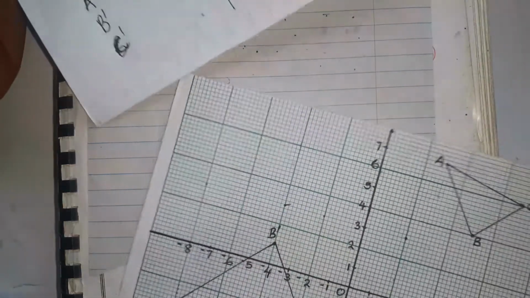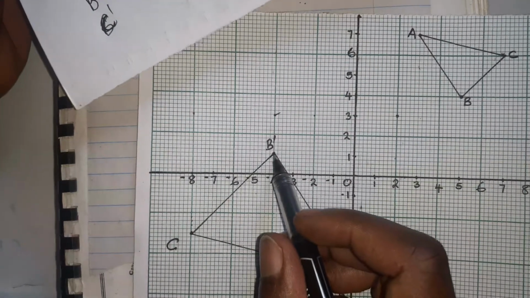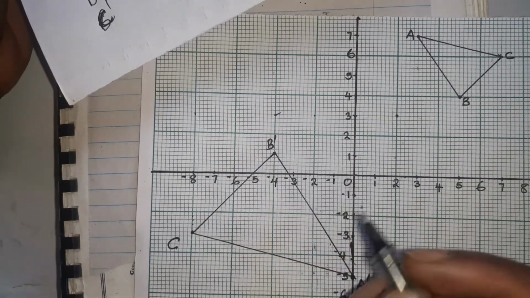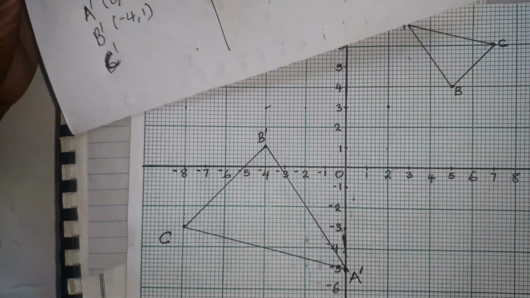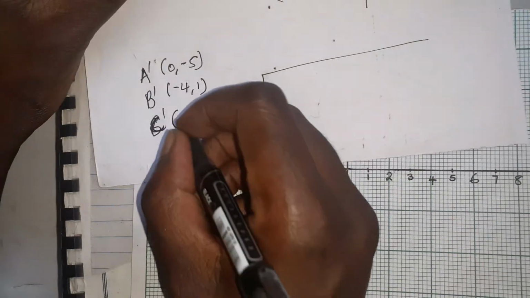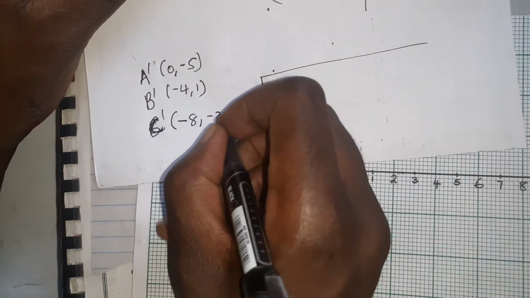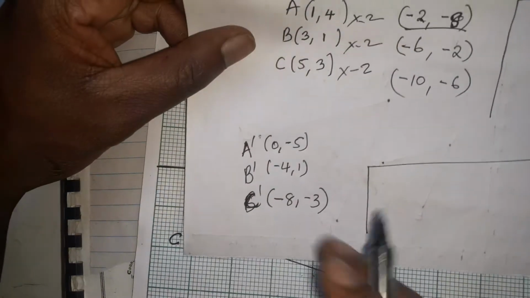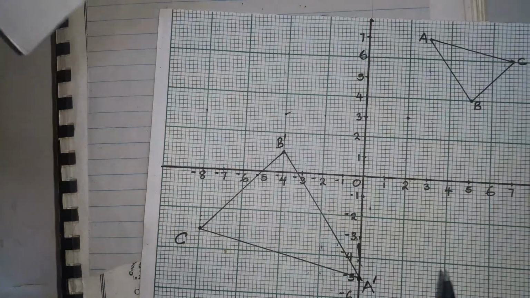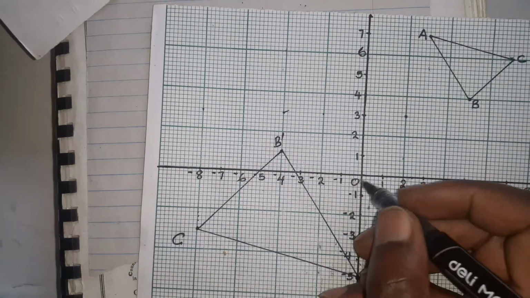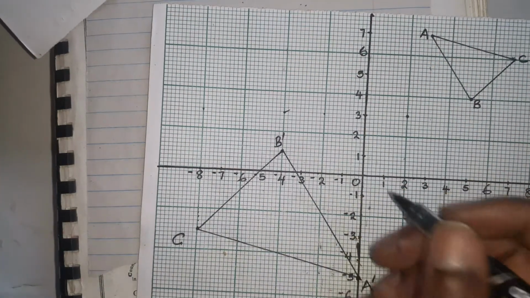Then for B, it's -4, 1. Then for C, it's -8, -3. So these are the true coordinates of the image according to the main origin of the X-Y plane.